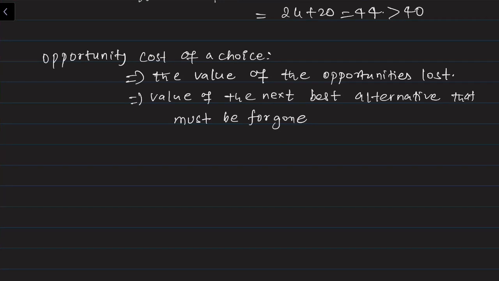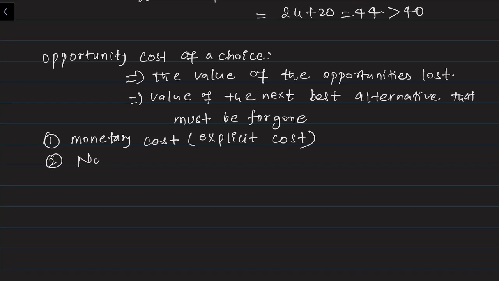The opportunity cost includes two types of cost: monetary cost, which is also the explicit cost, and second, non-monetary cost, which is also the implicit cost.